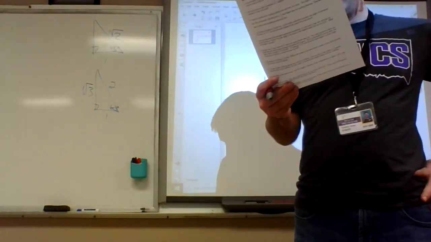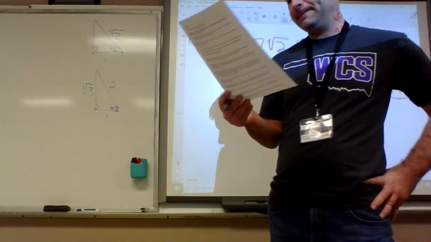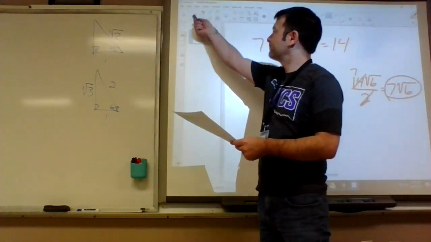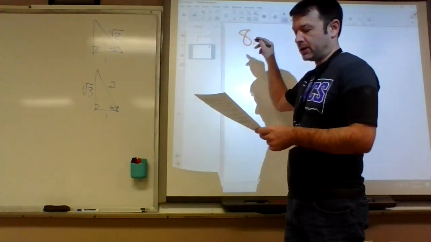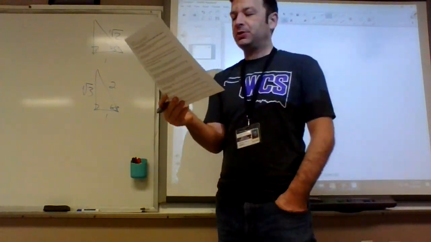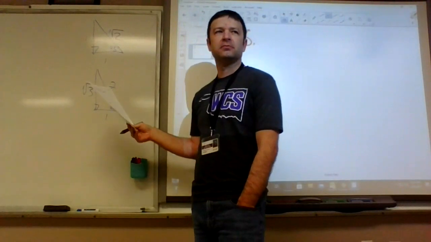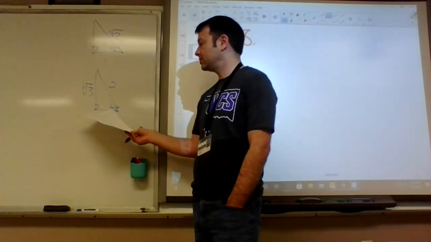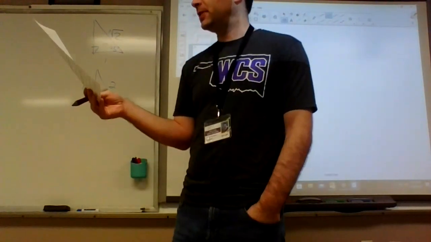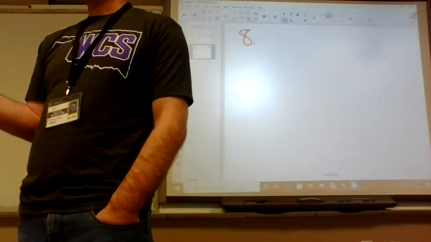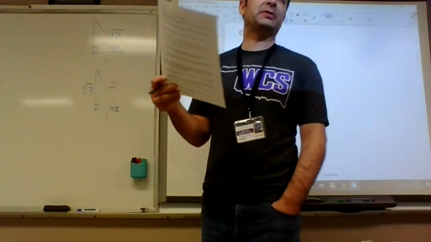Okay, is there a tricky one? Maybe number 8. Okay, square root of 5 is the what side is that? Yeah, it's the short leg. So if the short leg is square root of 5, how about the hypotenuse, I guess?